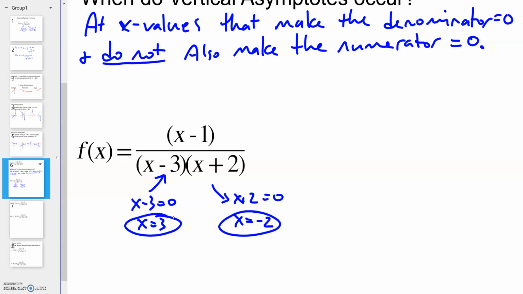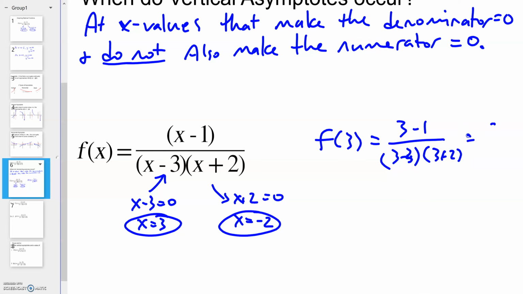So the values that make the bottom 0 make this function not exist. It's not possible to plug in 3 for x in this equation, because if I tried plugging in 3, it would say 3 minus 1 on top, and 0 on the bottom. I can't do 2 divided by 0. This function does not exist. There is no point at x equals 3, and there's no point at x equals negative 2.